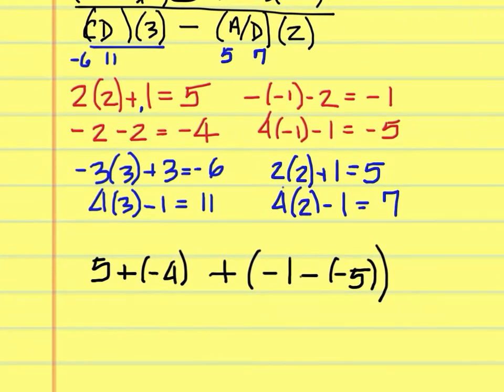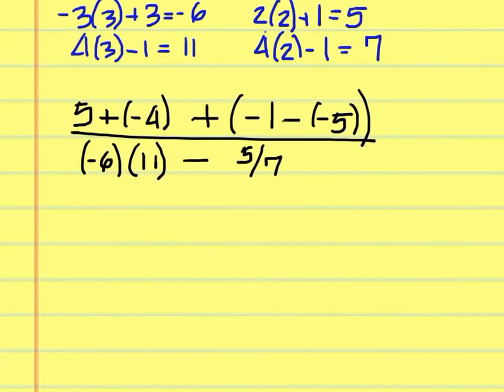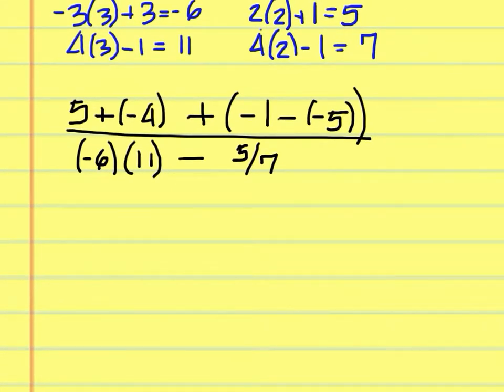And then down below that, we have a negative 6 times 11. And then from that, we're going to subtract 5 over 7. So you have to simplify this basic expression now. Starting up on the top, this is going to give you a 1.